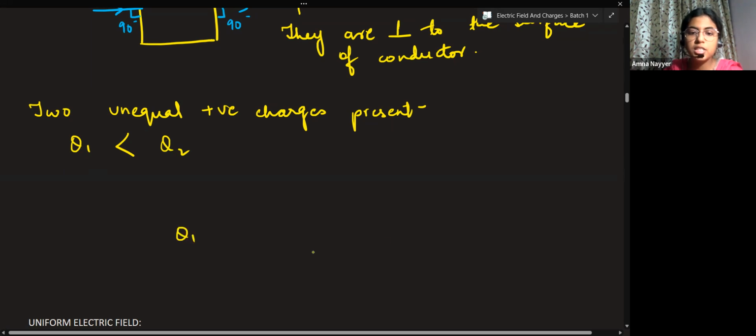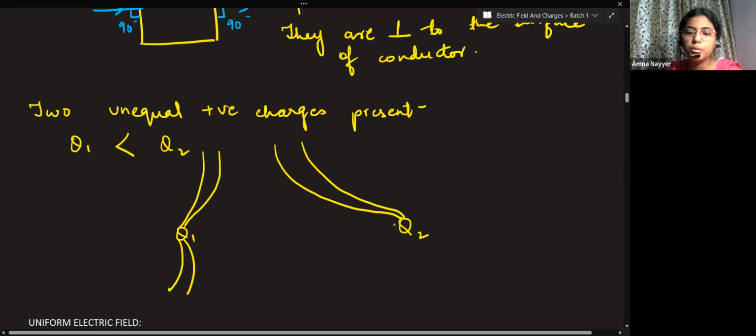So if this is the charge Q1, this is the charge Q2. The field lines are directed away for charge Q1. Similarly, for Q2 also, field lines will be directed away from Q2.